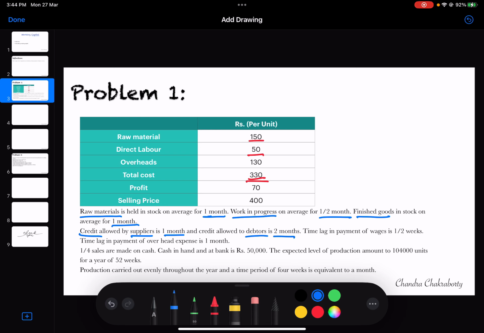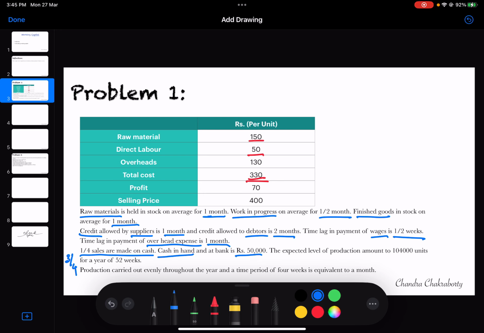Then time lag in payment of wages is half weeks. Then time lag in payment of overhead expense is again 1 month. 1/4 of the sales is made on cash. That means 3/4 remaining, right? Next, cash in hand and at bank is 50,000.